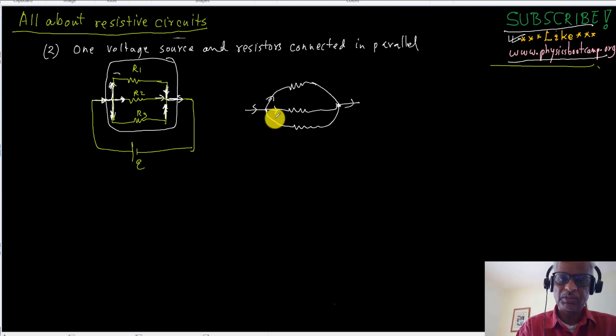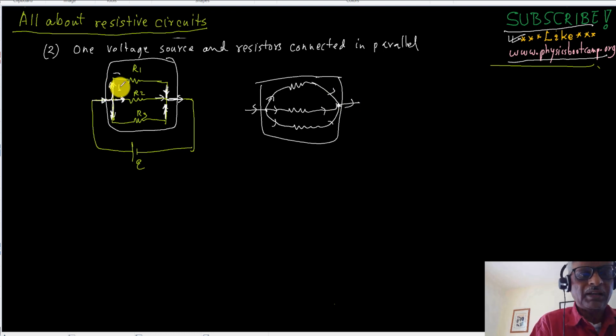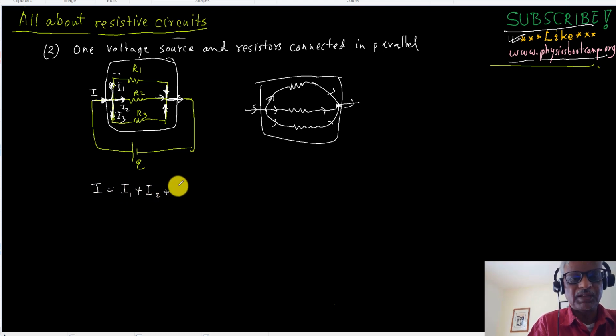It's dividing into 3, and those 3 currents are combining over here. So if you call these currents I1, I2, and I3, they come together and join again, and say the total current is I. So I must equal I1 plus I2 plus I3.